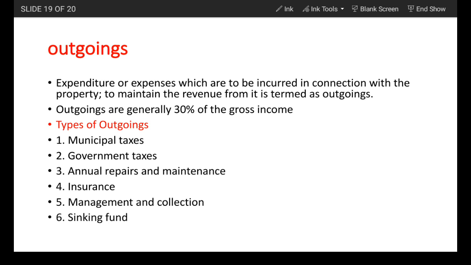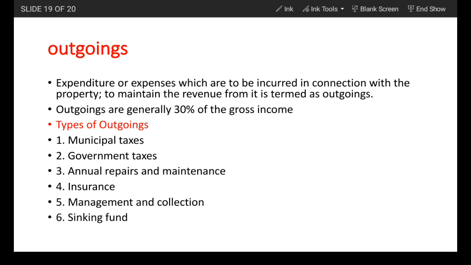The amount spent on repair and maintenance depends upon the age of the building, condition of the building, use of the building, climatic conditions or weathering effects to which the building is subjected, and the number of tenants occupying the building. Normally 1 to 1.5% of the total cost of construction is considered for annual repair and maintenance.